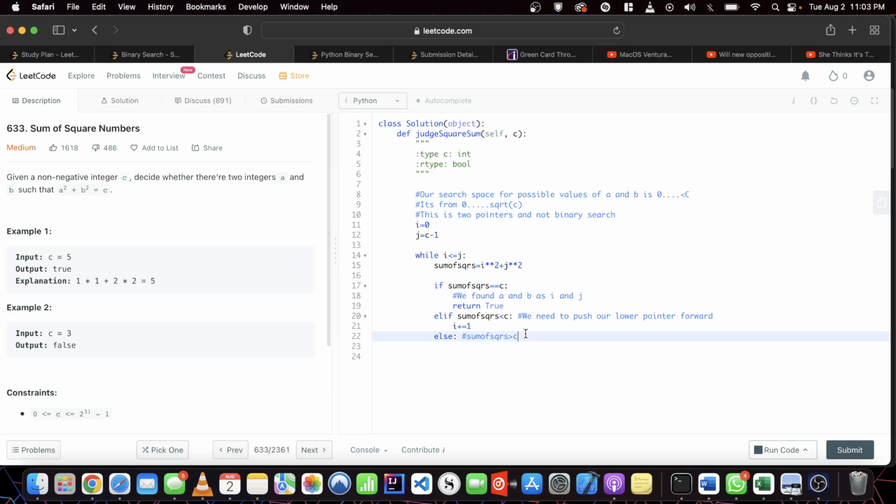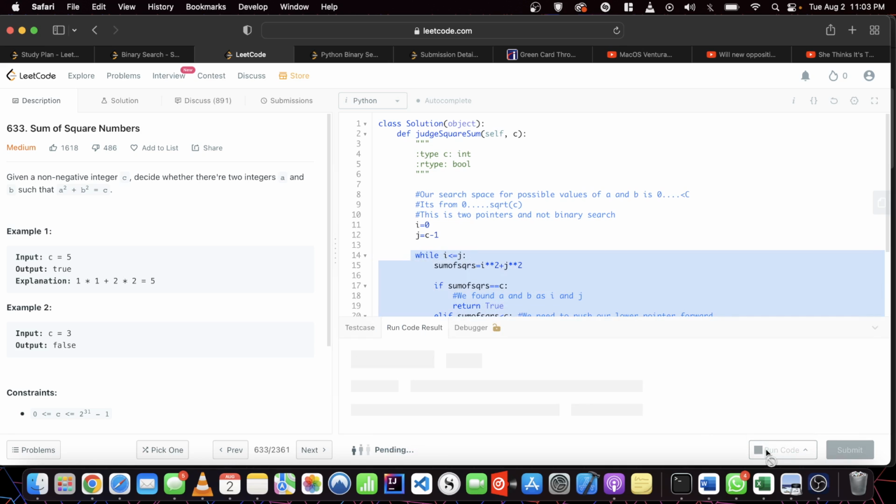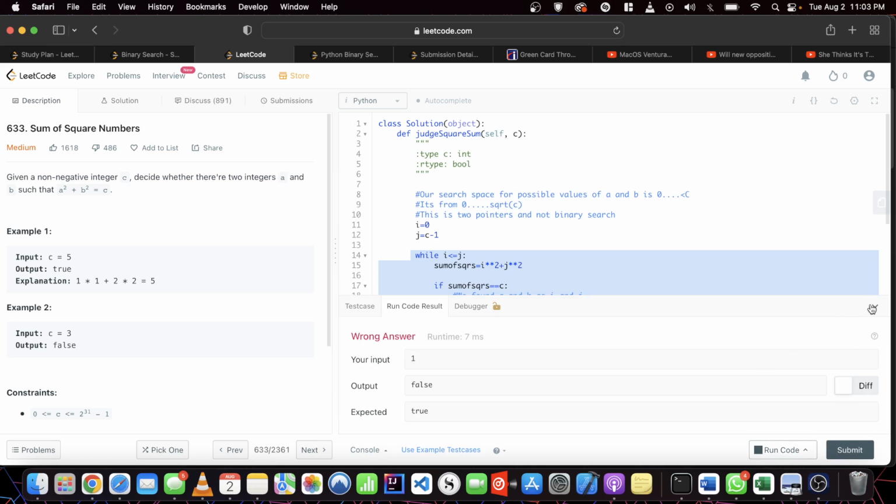Then we need to push our higher pointer j backwards to get closer, so j minus equals 1. When we get out of the loop, we simply return false because we failed to find it in our search space.